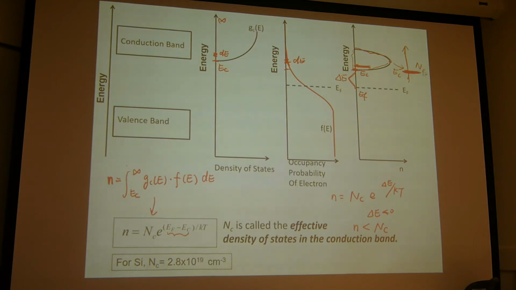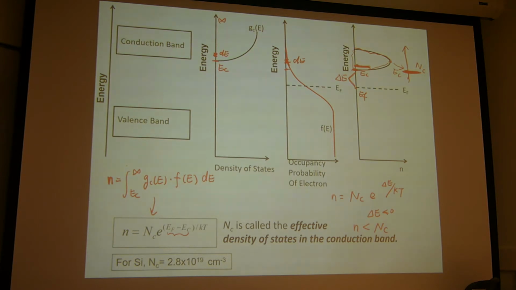We call it NC, the effective density of states in the conduction band. With this approximation, we get this equation for the density of electrons in the conduction band: n equals NC multiplied by an exponential function, which is determined by the energy difference between EC and EF, divided by kT, the thermal energy.